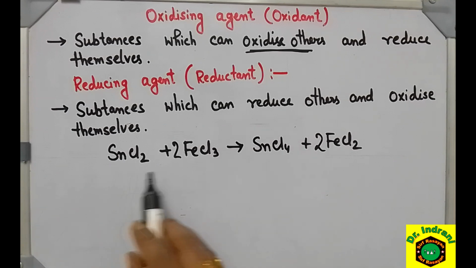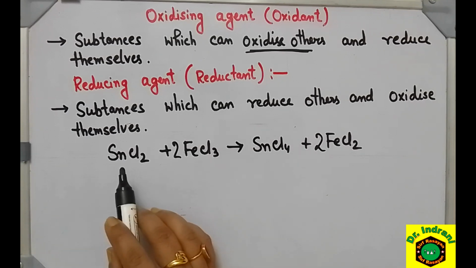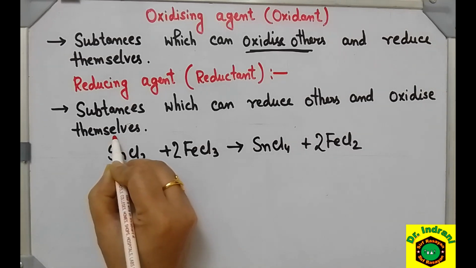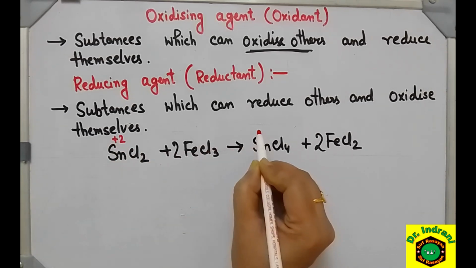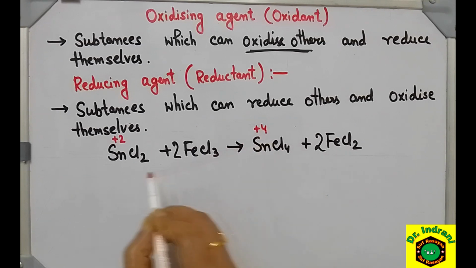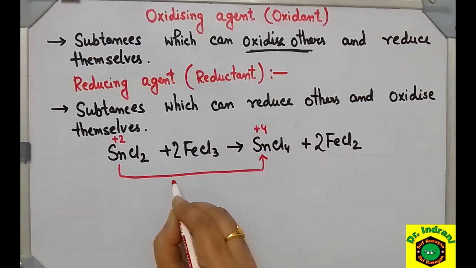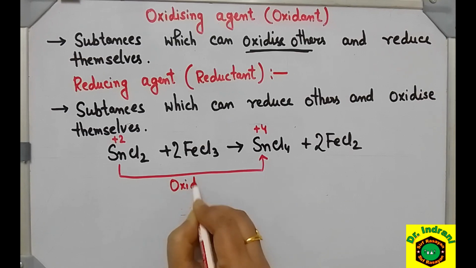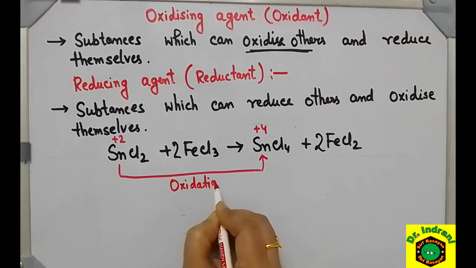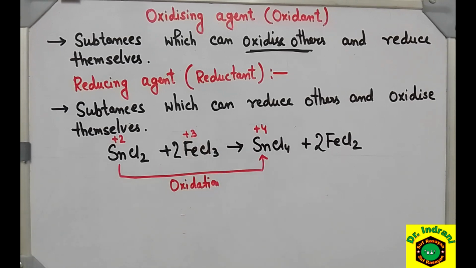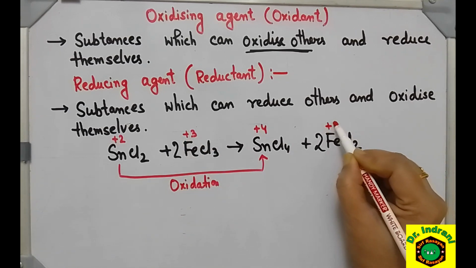Now we will write the oxidation states of tin and iron in both sides. Here it is having +2 oxidation state, here it is having +4. So what is happening for tin? Oxidation is taking place. And iron, it is having +3 oxidation state and here it is having +2.